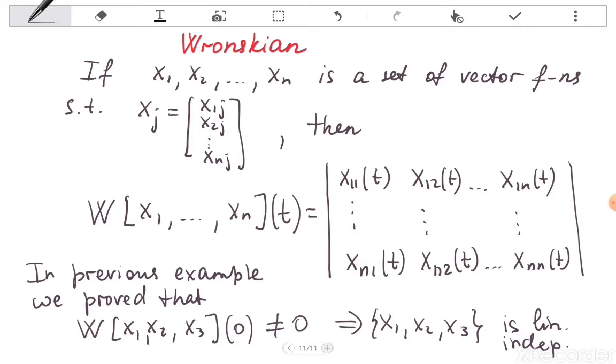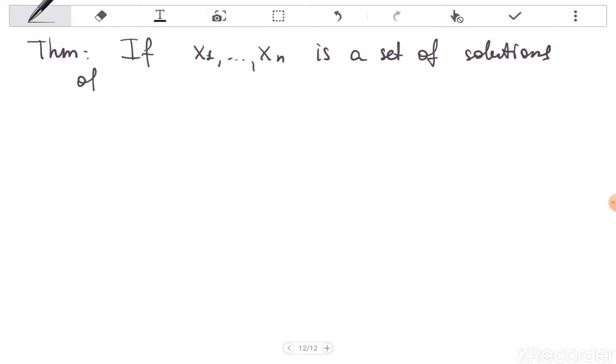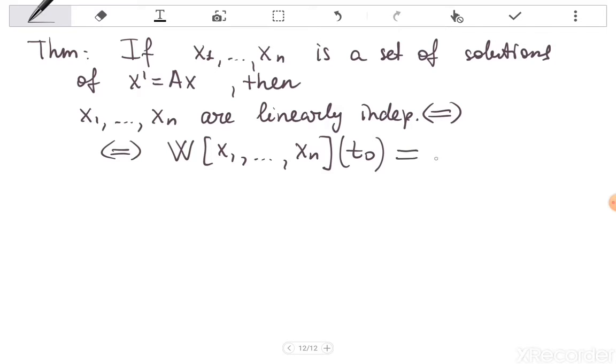And in fact, in general, we have the following result, let's call it a theorem: if x1 and so on, xn, is a set of solutions of some homogeneous system x prime equals Ax, then the fact that these are linearly independent is equivalent to the fact that the Wronskian of x1 and so on, xn, at some point t0 is non-zero.